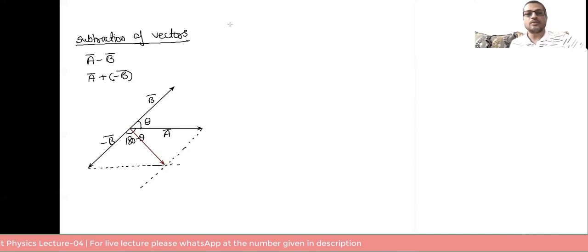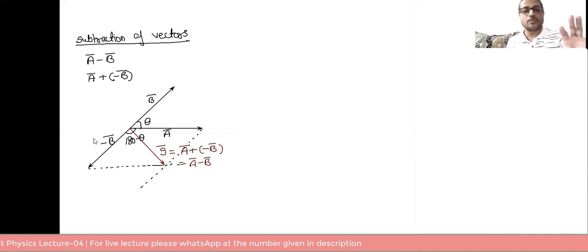This resultant, I can't call it R. Okay, let us call it S for subtraction. This resultant S bar is addition of A to the negative of B. Therefore, it is as good as saying A bar minus B.